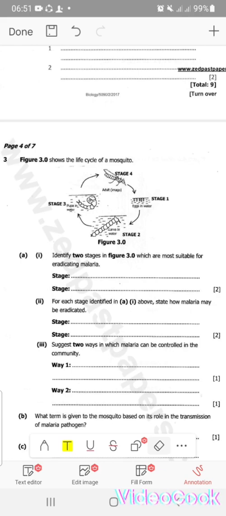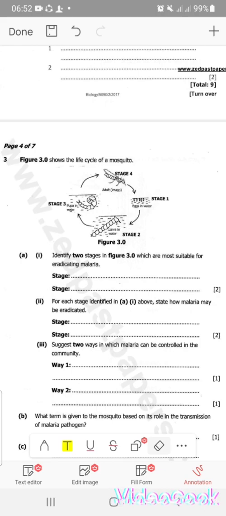Okay, for each stage identified above, state how malaria may be eradicated. So for stage 2, malaria can be eradicated by using the insecticide, especially just draining stagnant water where these mosquitoes might be. You drain the water and this is going to die.